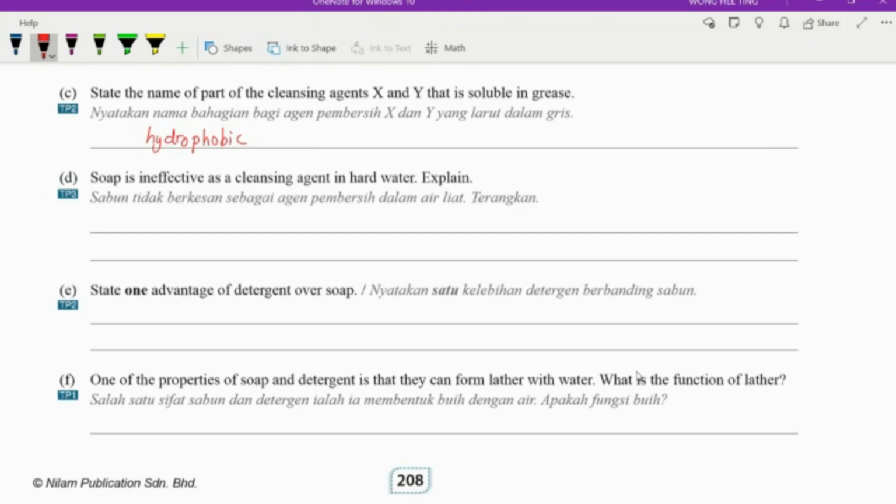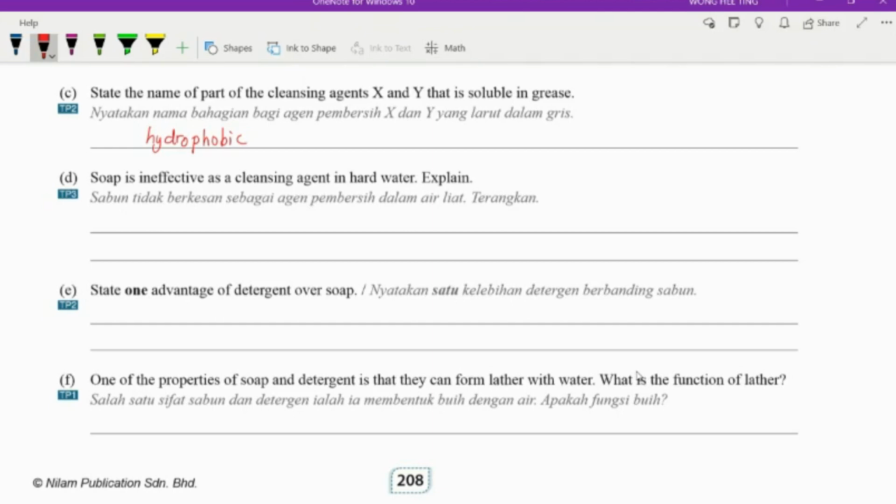Then detergent has a higher solubility. Here is not that accurate, because I think you want to mention the product formed during the reaction with the magnesium and calcium ions. One is soluble in water, and the other one is insoluble in water, right? I think your meaning is like that, but you better be more specific also, okay?